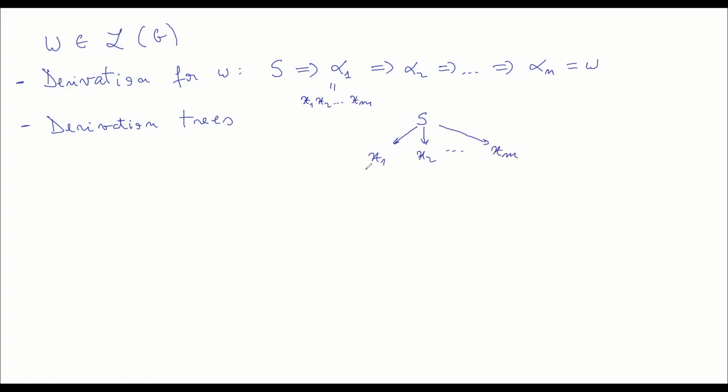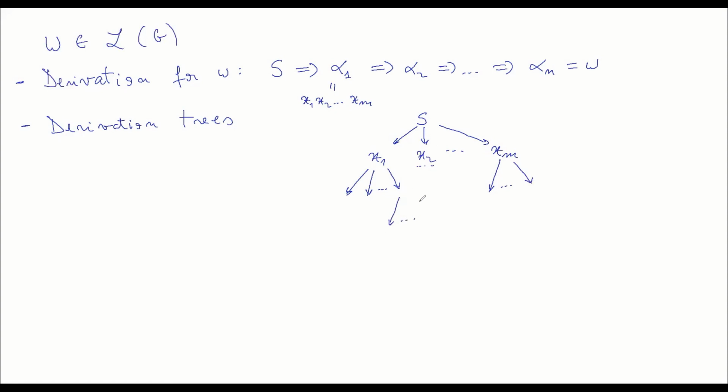If this one is, for example, a non-terminal, that's the subject of the second derivation, and I'm just going to show on this derivation tree how it is being replaced. And also maybe this one is going to be replaced at some point. Maybe this was a non-terminal, and we just develop this. And some of these, maybe this one was a terminal, and so obviously this one doesn't get replaced.